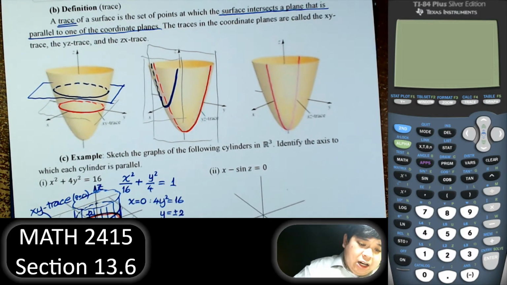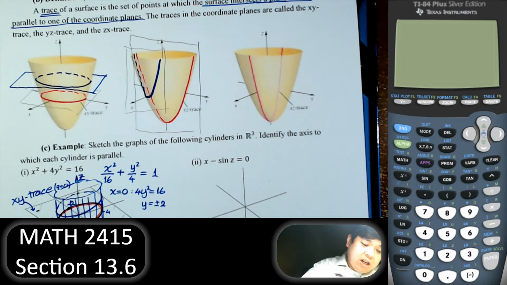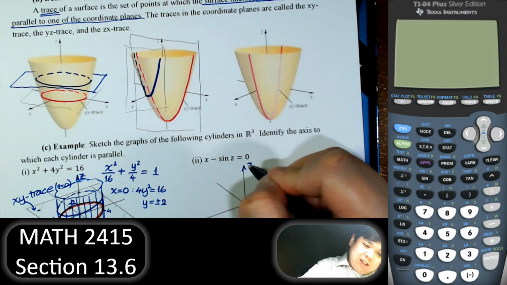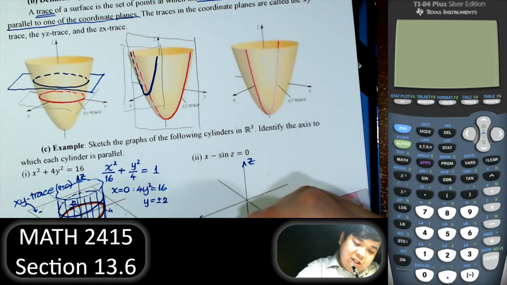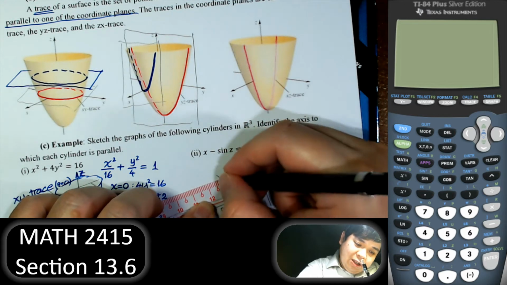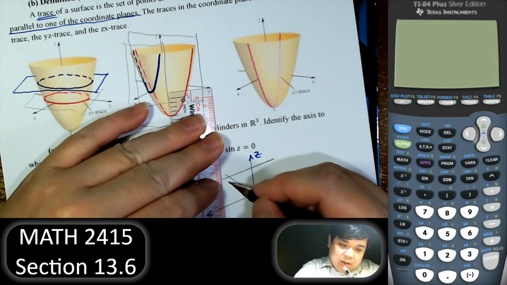Right. Next we have x and z here. So first let's label x and z. So right hand rule here. X and z. So I will draw a line parallel to x, and a line parallel to z.